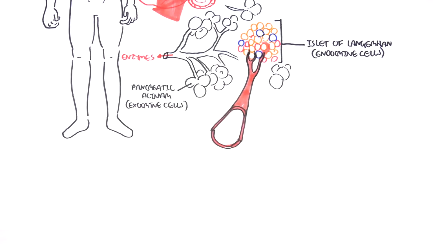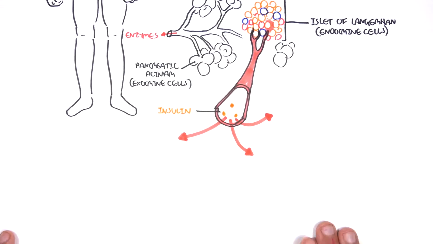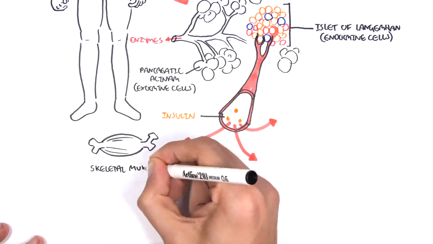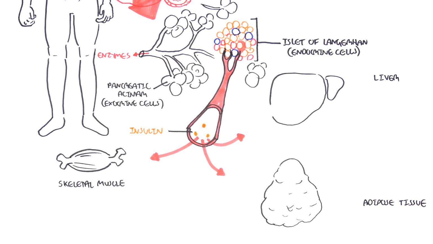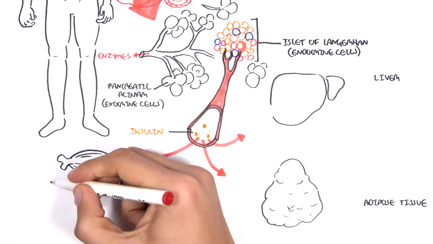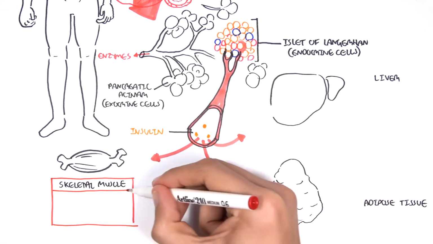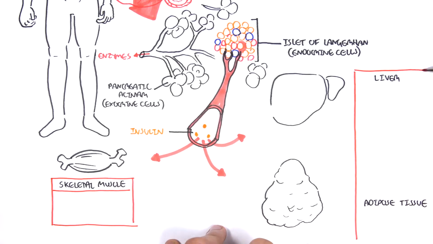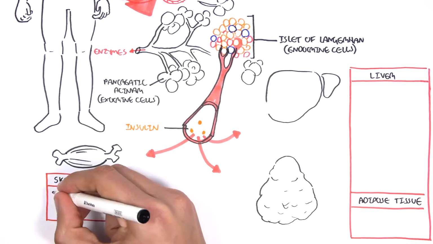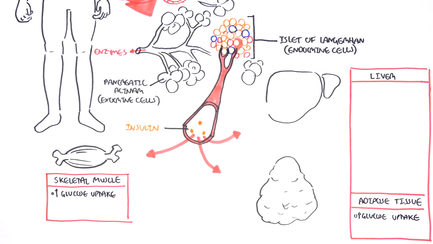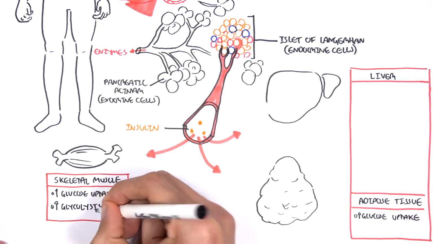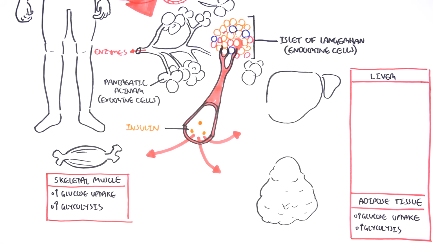Insulin is an important hormone that has many effects on our body. The main sites insulin targets are skeletal muscles, liver, and adipose tissue or fat. In general, the main function of insulin is to store energy. In skeletal muscle and adipose tissue, insulin increases glucose uptake and glycolysis for energy storage.